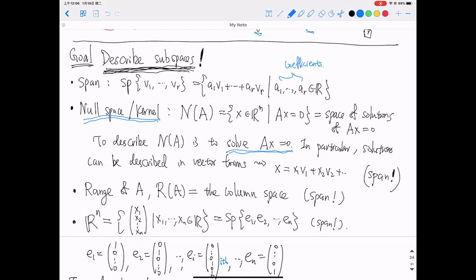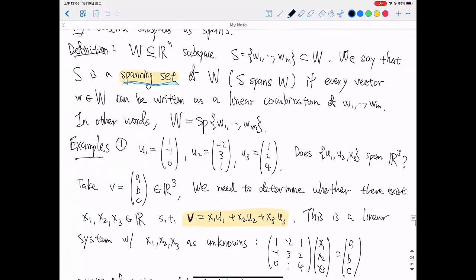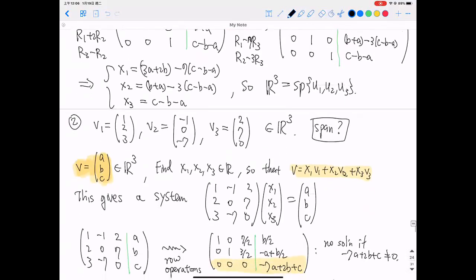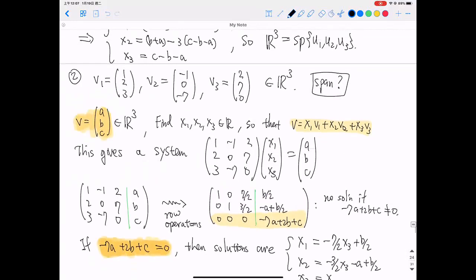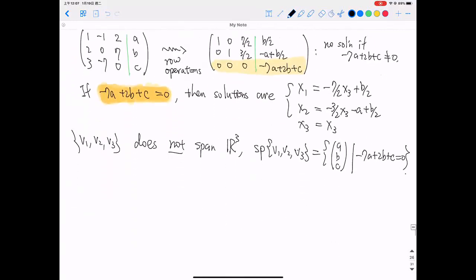And when we describe the solutions in vector form, we get a way of describing the null space as a span. That should give us a way of finding a spanning set for a given null space. Let's do one example in such a fashion.